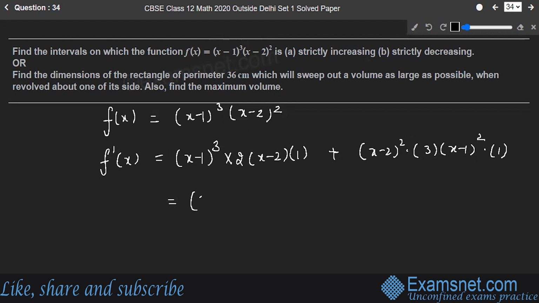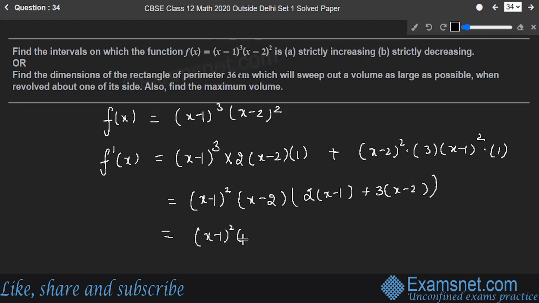So this will be equal to (x minus 1) square, I'm going to take it as common, and (x minus 2) also I'll take common. So inside will be 2 into (x minus 1) plus 3 into (x minus 2). So you have here (x minus 1) square (x minus 2), and this will give you 5x minus 8.